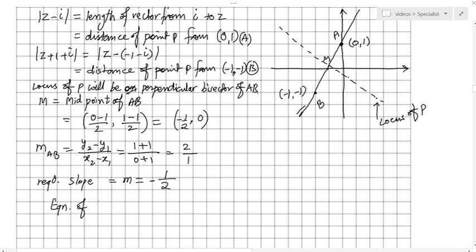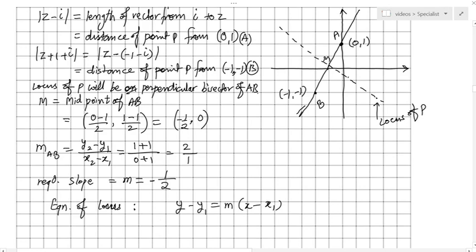Therefore, the equation of the locus, I hope you remember, is y minus y1 equals m times (x minus x1). I'll take that as my point; it doesn't matter which point you take. So what we are trying to find is the equation of a line which has slope equal to minus half and which passes through this point.